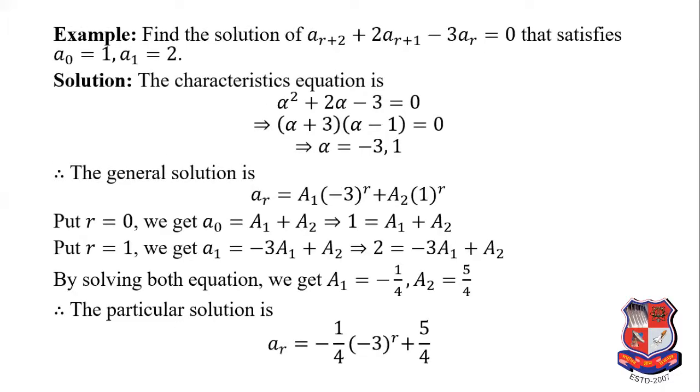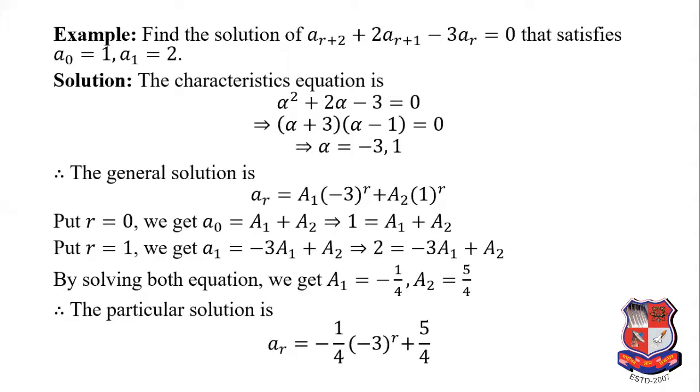Let's see the second example. Find the solution of a(r+2) plus a(r+1) minus 3a(r) equal to 0 that satisfies a0 equal to 1 and a1 equal to 2. Here, this is also a second order recurrence relation, but here we have two initial conditions.